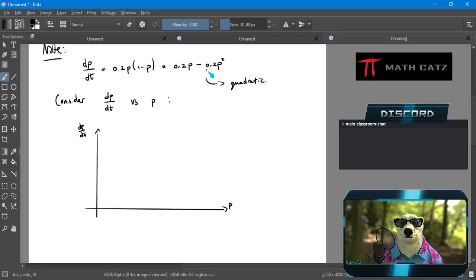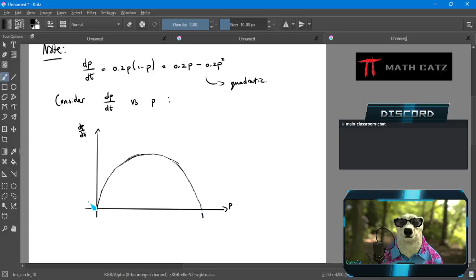This is a parabola. The legs are pointing down. I can see the p-intercepts here. One is 0, one is 1. So let me try and get a nice smooth-looking parabola over here. This side is very tricky to draw without seeing my hand. There we go. That's good enough.